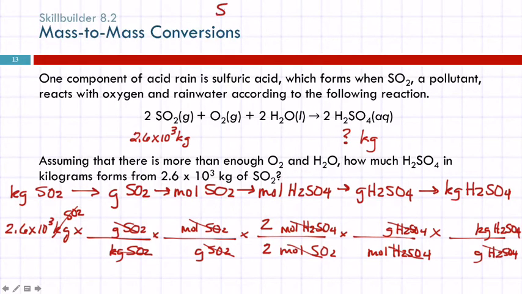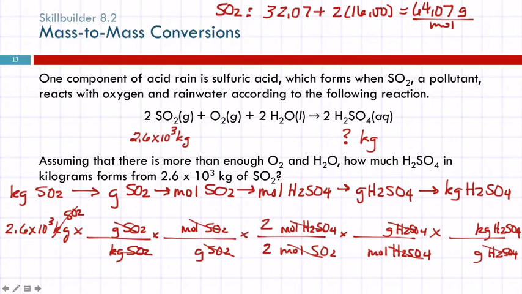So for SO2, I've got the mass of sulfur, 32.07, plus 2 times the mass of oxygen, 32.07 plus 2 times 16, 64.07 grams per mole. So that's for the SO2.